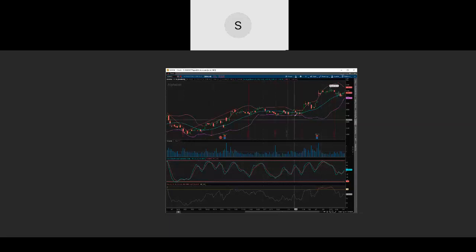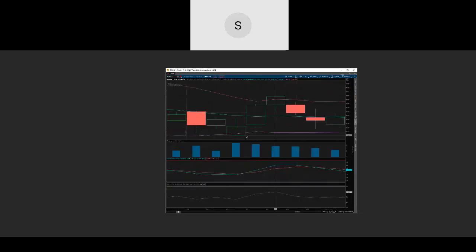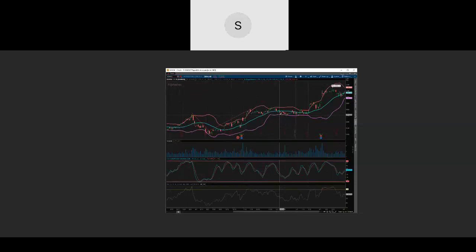And sometimes I use this, say, for example, take this pattern, where you had a down day and you had 3 up days, 3 or 4 up days like this, and then you had another down day. This is a negative. This means subsequently the stock is going to go negative.